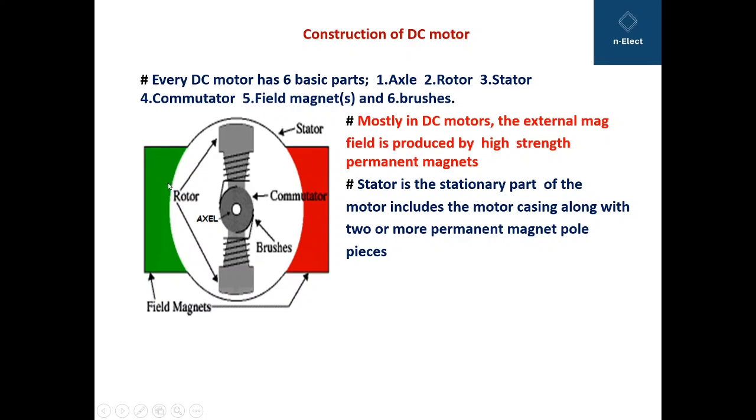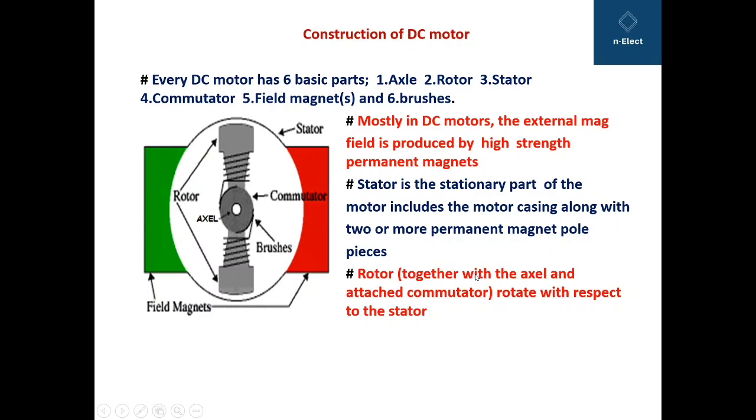So the casing of the motor and the permanent magnets are totally considered as a stator or the stationary part. Rotor together with the axle, and attached commutator, rotates with respect to the stator. So stator remains stationary while this complete assembly rotates like this.